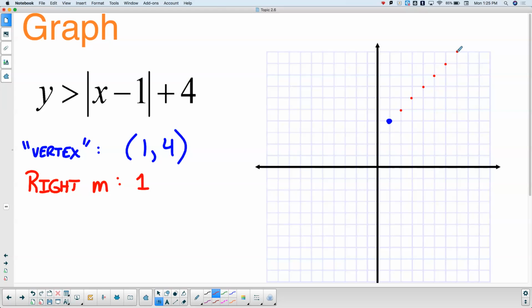Then we find the left side slope. Which would be -1. Solid or dashed lines? They're going to be dashed.